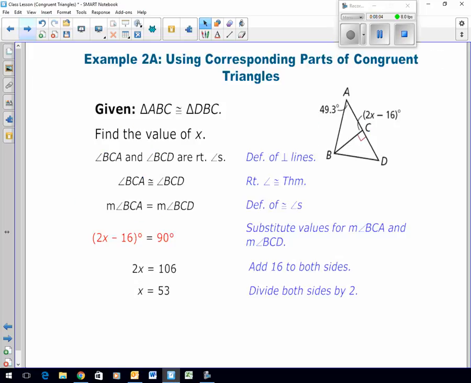Okay? What might a problem look like that we're going to look at today? Here we go. Given that ABC is congruent to DBC, find the value of X. Alright. Angle C in DBC is congruent to what angle in triangle ABC?